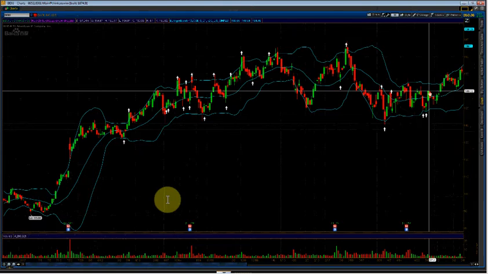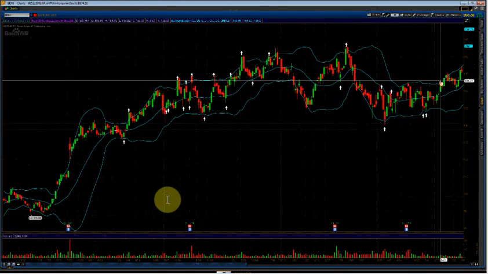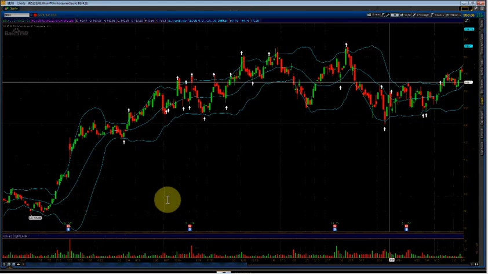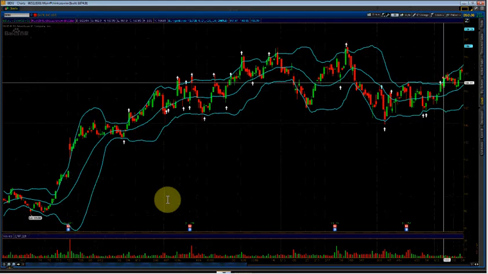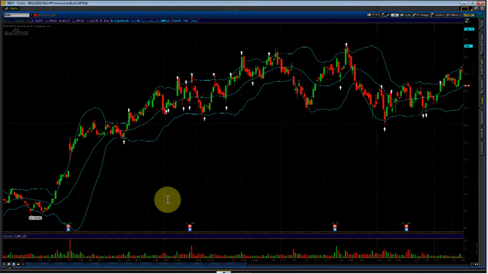No, because even though it went down for 4 or 5 days, I would have sold it right there. Did I try to convince you that I would have sold this exact top here? No. Why? Because if I was trading with the Bollinger Bands, remember, trading is different than investing.